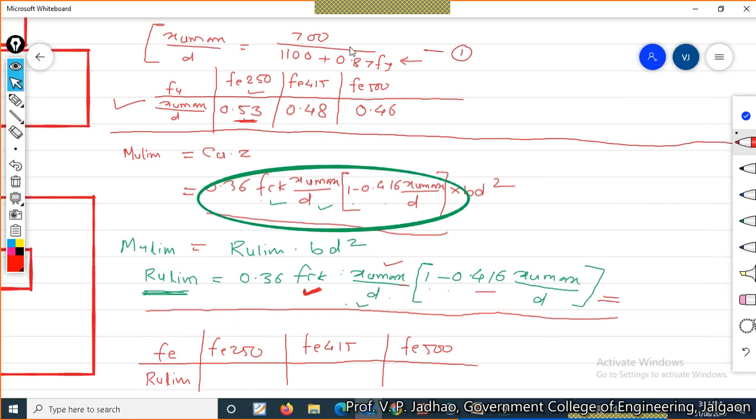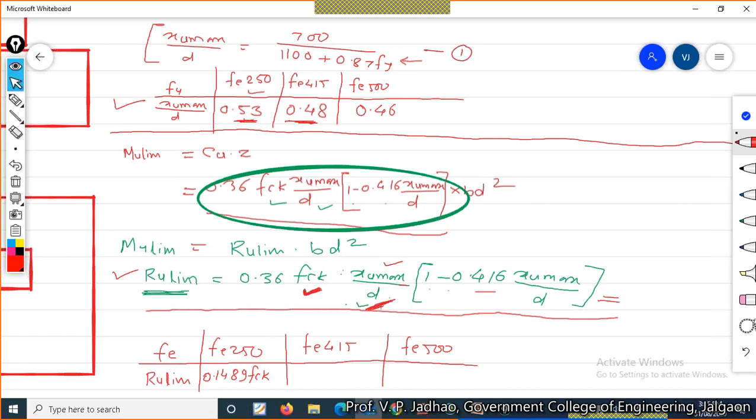Just put this value of 0.53 in this equation of Ru limiting, then we'll get the value of Ru limiting as 0.1489 into fck. Now for Fe 415, xu max upon d is equal to 0.48. Just put this value here.